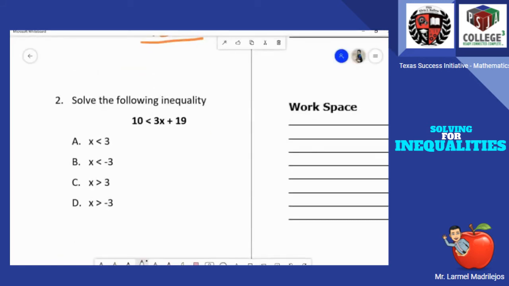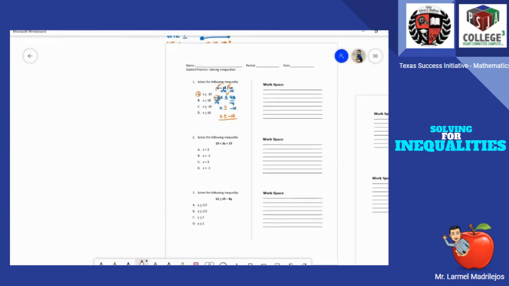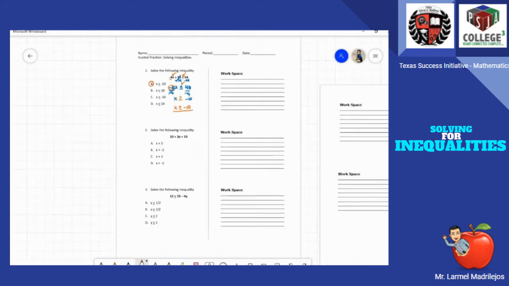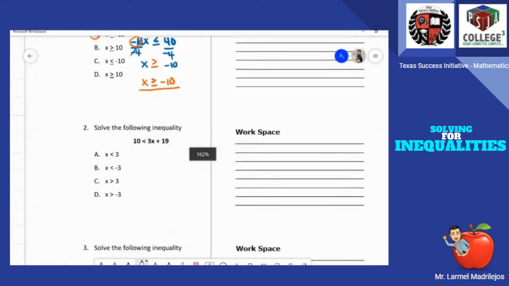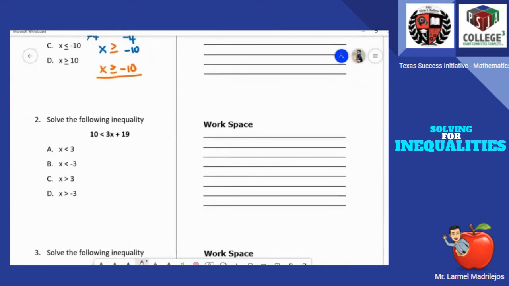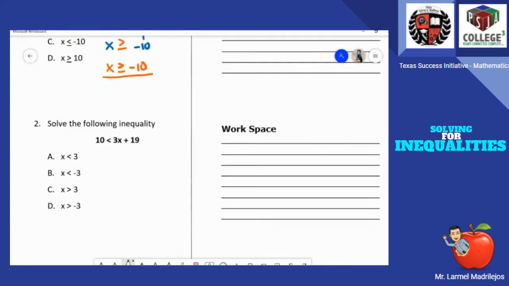Solve the inequality 10 less than 3x plus 19. It's the same thing we're going to do. Focus on the inequality. So I'm going to solve for the x. That's the variable that I need to isolate.